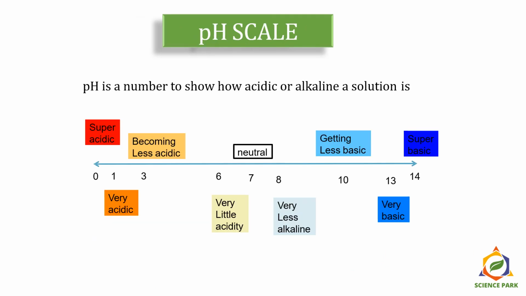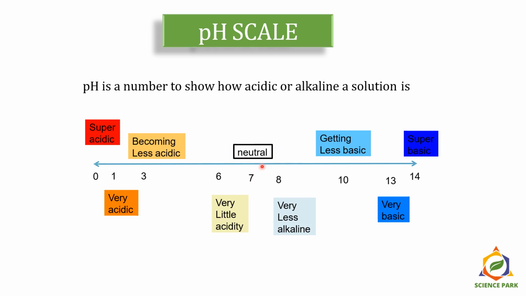Now what is this pH all about? This is a logarithmic line that we have drawn for our own understanding. Now on this line, this 0 means super acidic. As you go from left to right, acidity goes on decreasing till 7. 7 is always neutral.